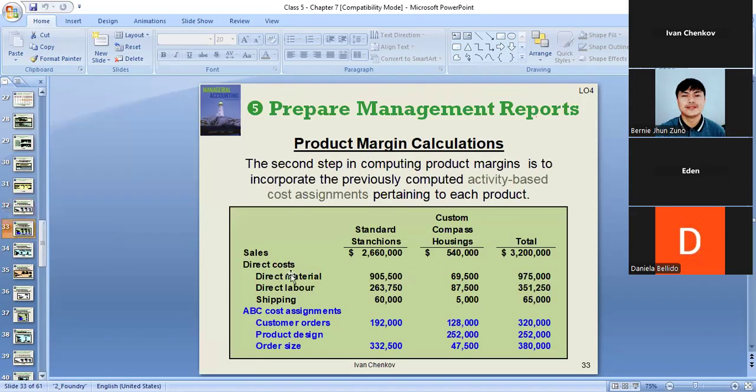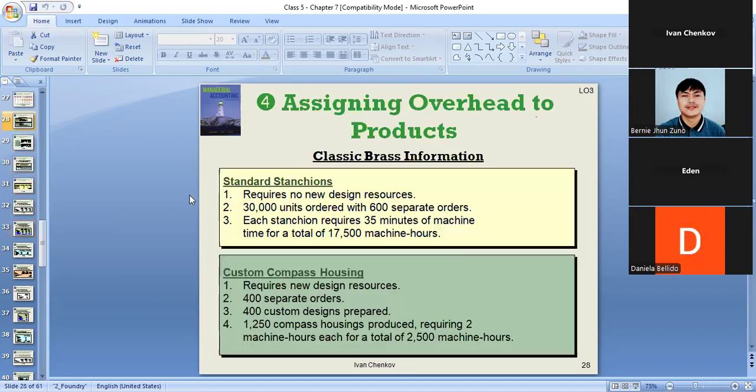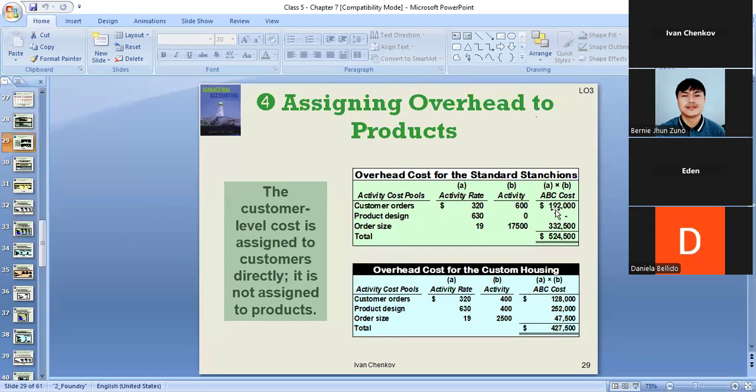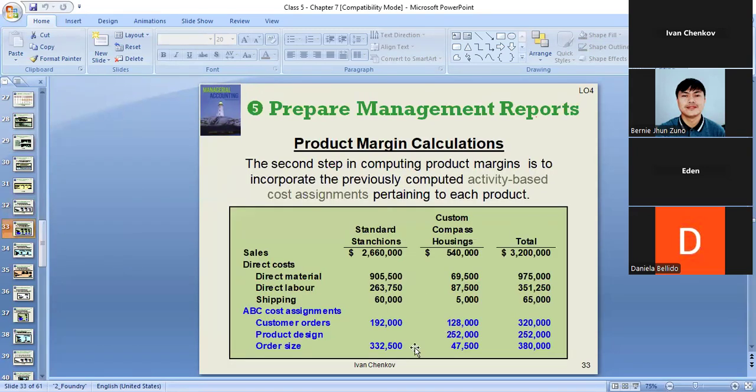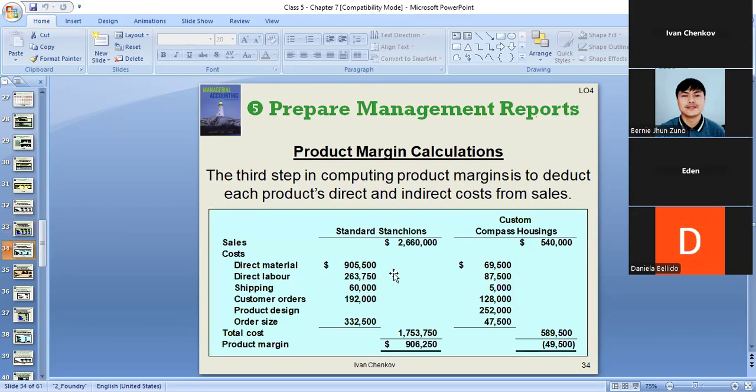After that, we're going to add those costs from activity-based costing. And in the next step, we find out the product margin for the standard sanction and the product margin for the custom compass housing.